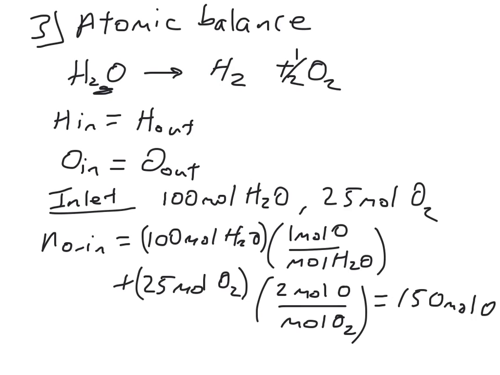The idea behind the atomic balance method is that we simply write out our balances, figure out how many hydrogen atoms are coming in, hydrogen atoms leaving, oxygen atoms in, oxygen atoms out, and we use the atomic balance equations to solve for the species that are leaving our reactor. Probably the most common one we'll deal with is extent, but there are alternative ways, these 3 different ways that we can solve a system, so we need to be aware of them in case some of these other methods come in handy.